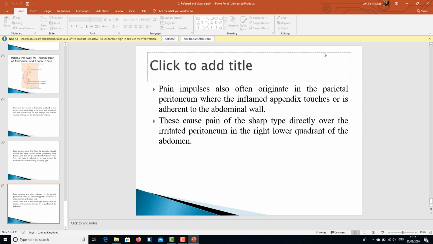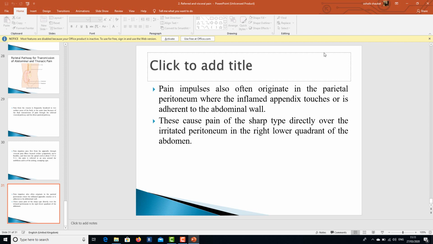Now pain impulses also often originate in the parietal peritoneum where the inflamed appendix touches or is adherent to the abdominal wall. So it leads to a sharp type of pain directly over the irritated peritoneum in the right lower quadrant of the abdomen. At the same time the person is feeling the dull aching pain in the area of the umbilicus and the sharp lancinating pain in the right lower quadrant of the abdomen.